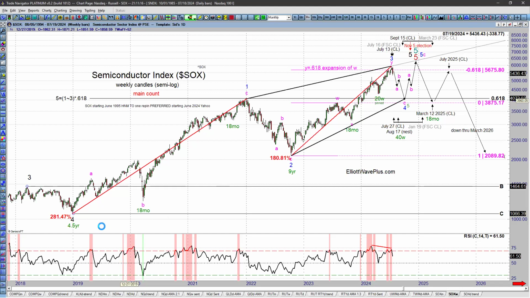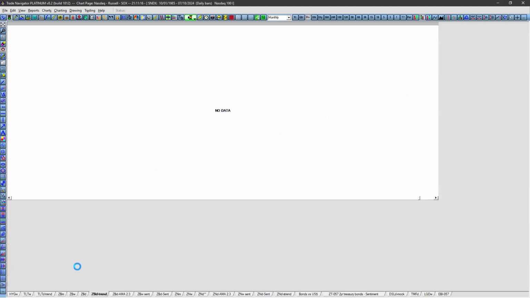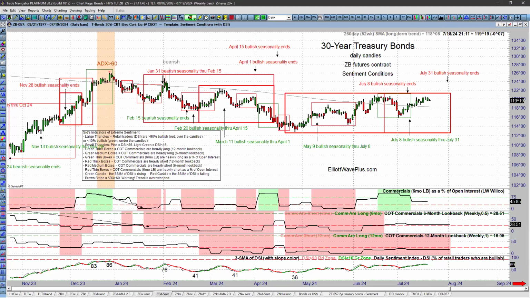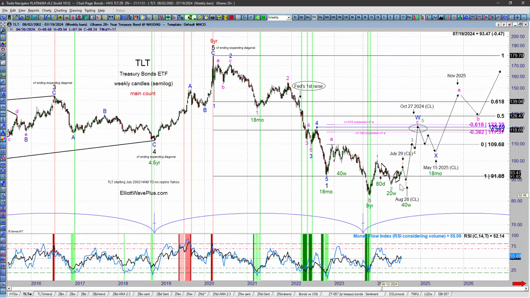Well, I'll use the TLT for that, and maybe the ZB contract. So on TLT, I think we're in a 1-2-1-2 scenario, and that it won't end until approximately August 28th. There is a Fed meeting in mid-September that I think will be the first time they cut.